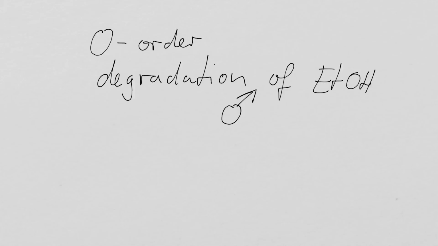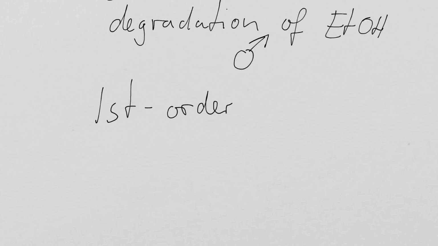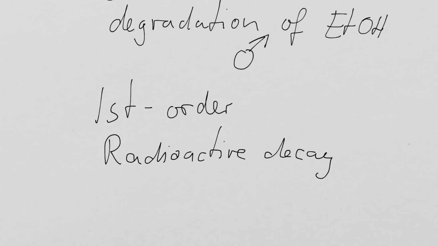Where do we find first-order reactions? Half-life. Excellent. First order. Where do we find half-life? Yes, radioactive decay. But also, many drug clearances from the body follow a first-order reaction.